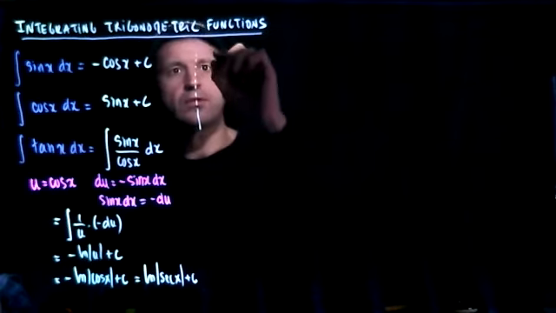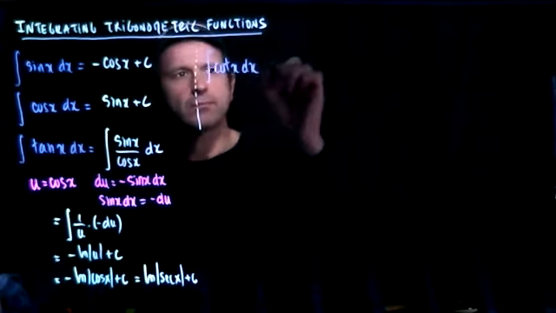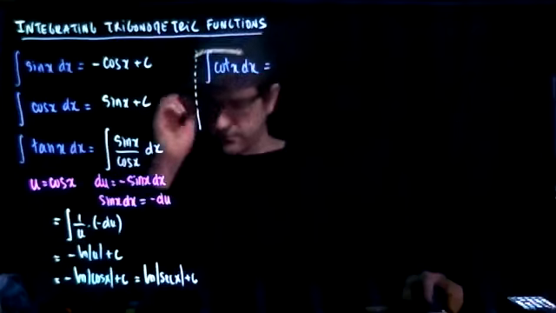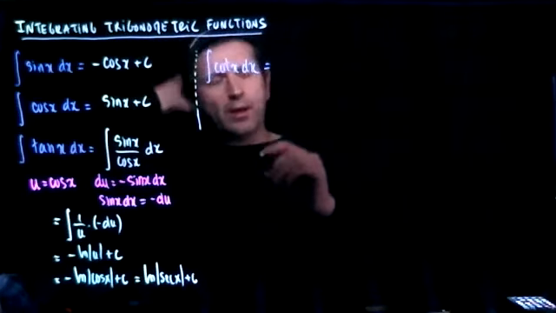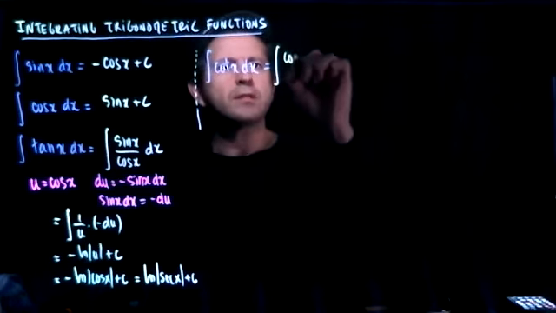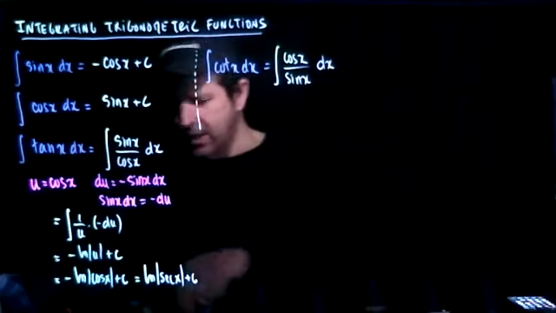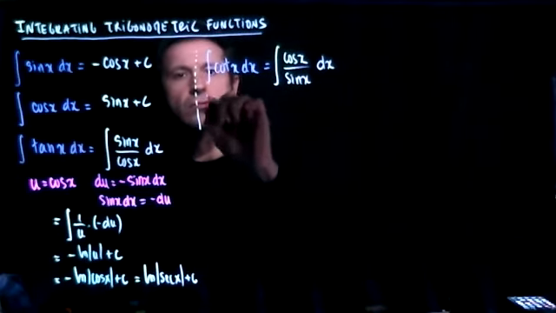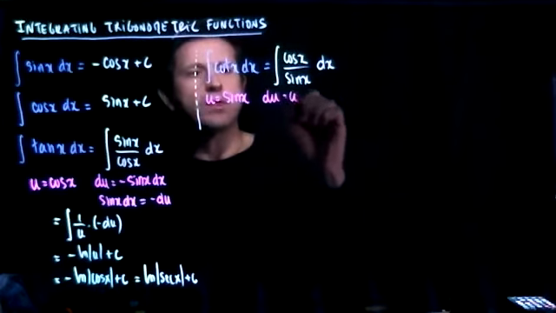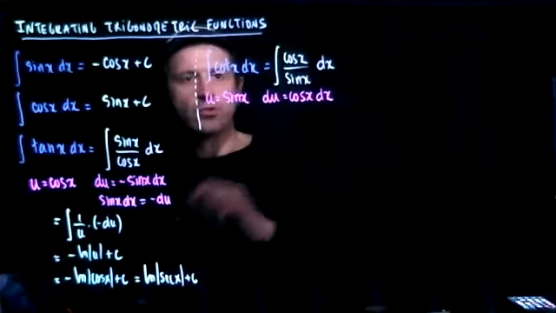So this is for tangent. Let's do here the cotangent. The integral of cotangent is cos x over sine x dx, and we do the substitution. u is sine x, du is cos x dx. Straightforward.